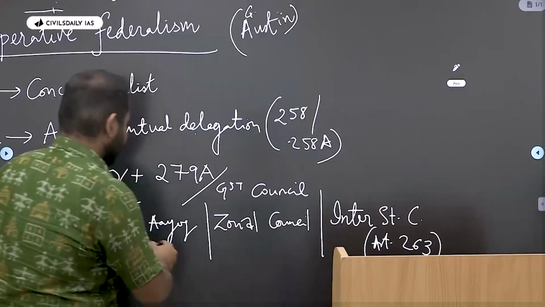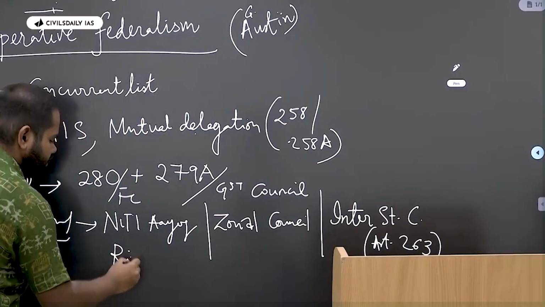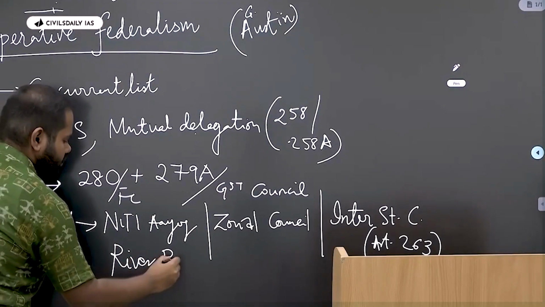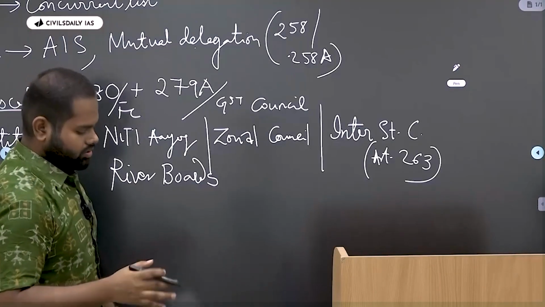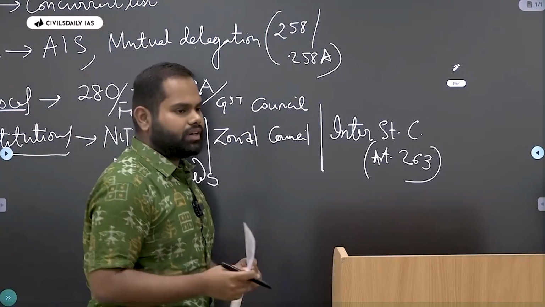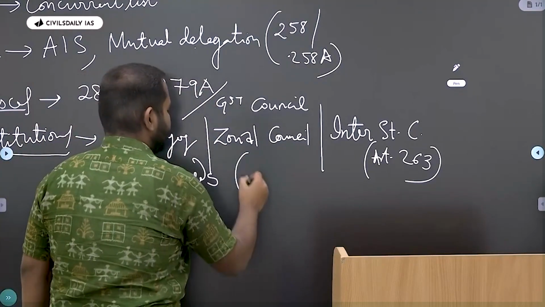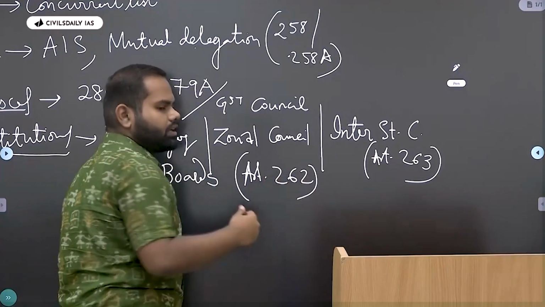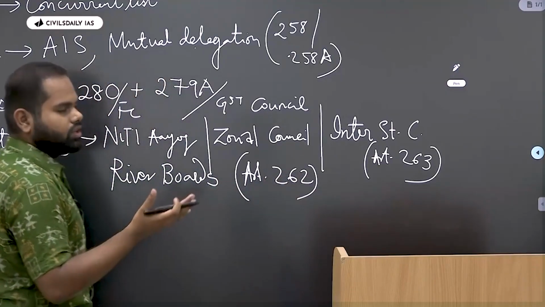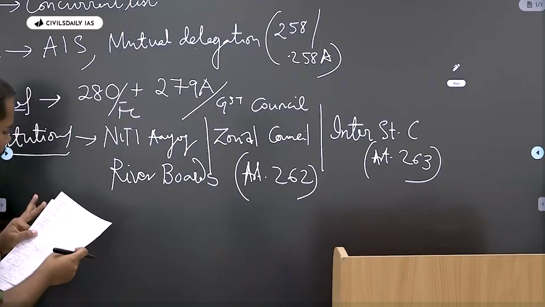You can also have things like river boards and interstate river management, all arrangements under Article 262. These also foster a kind of cooperative federalism among various states.